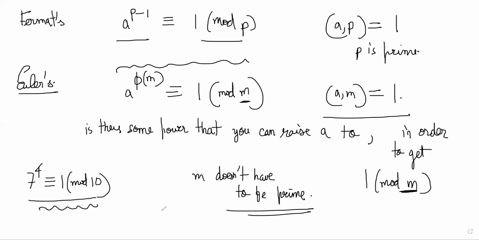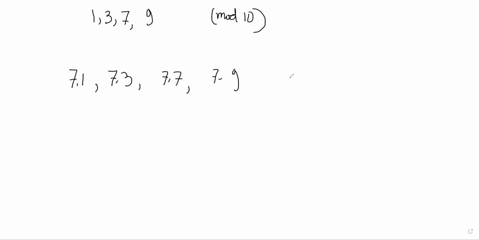We got 1379 mod 10, and 7 times 1, 7 times 3, 7 times 7, 7 times 9 mod 10 is also going to be the same. Yes, but how do we prove they are the same? In this case, the numbers are obvious. But in general, we will prove it.